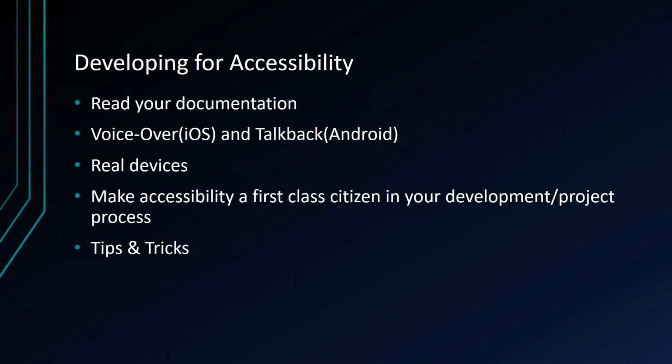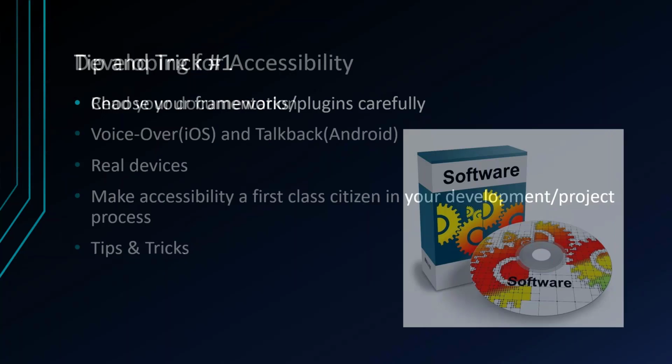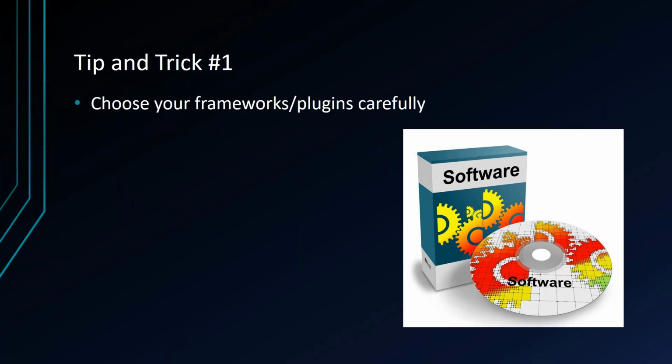I've got a couple of tips and tricks for you that I've learned as I've been going through development. Our first development tip and trick is to choose your frameworks and plugins carefully. I love this picture because this is exactly how we ship software, right? DVDs and boxes. But what I mean is, in Xamarin, in my world, we always use a lot of third-party plugins, whether it's a loading screen, or maybe a third-party plugin for the camera that lets you do some cool thing.